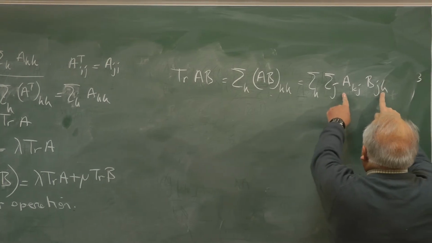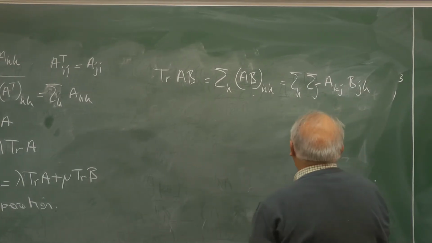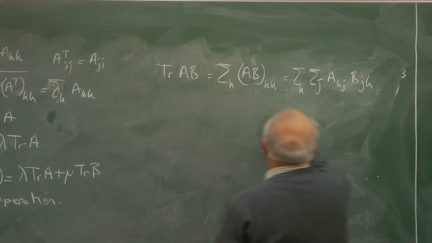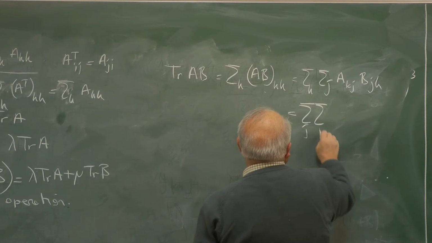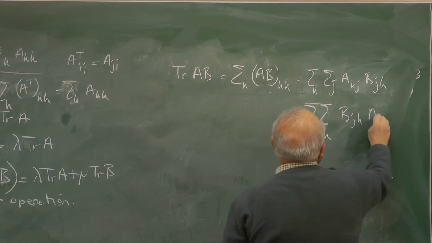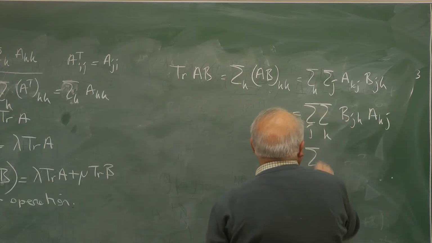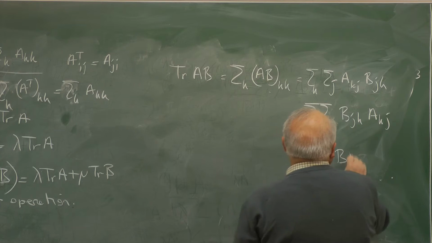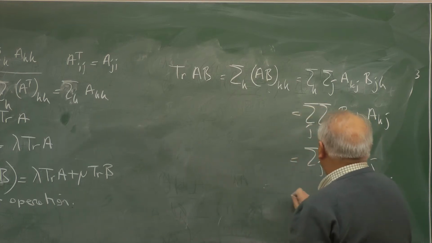But I can interchange, these are just elements. So the elements commute, of course. So I can do the sum in this way. This is B_JK A_KJ, or this is the sum over J, (BA)_JJ, which is just the trace of BA.